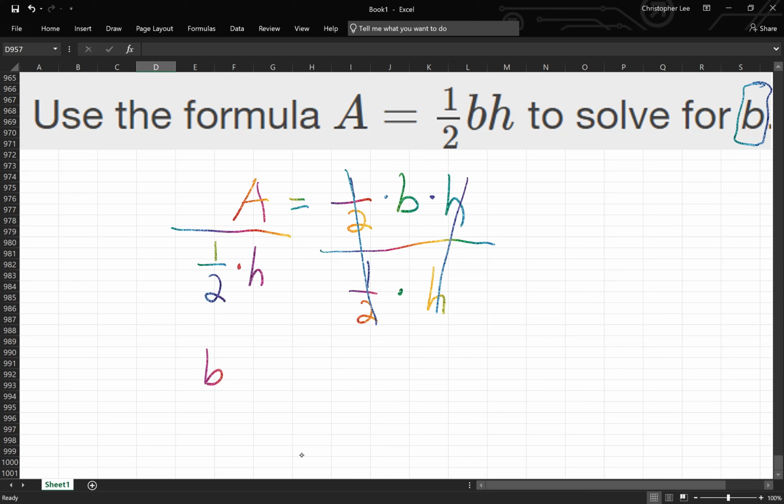Now, technically, we're done. But for WebWork's sake, you know that we can't enter our answers like this. We have to simplify it down. So to simplify this down, that H is a whole number. Put that over 1, multiply it out. This is going to be A over H over 2.